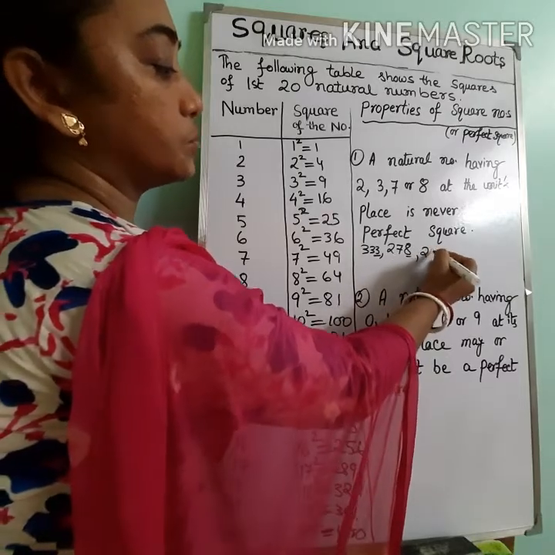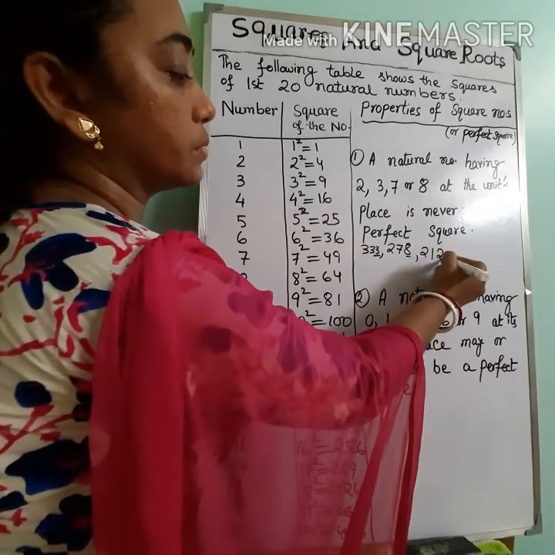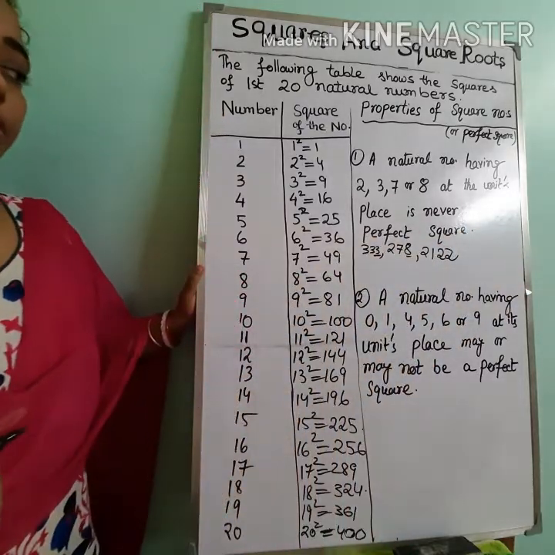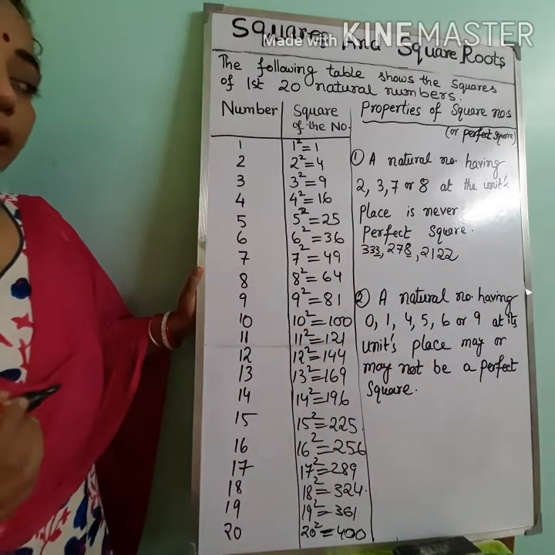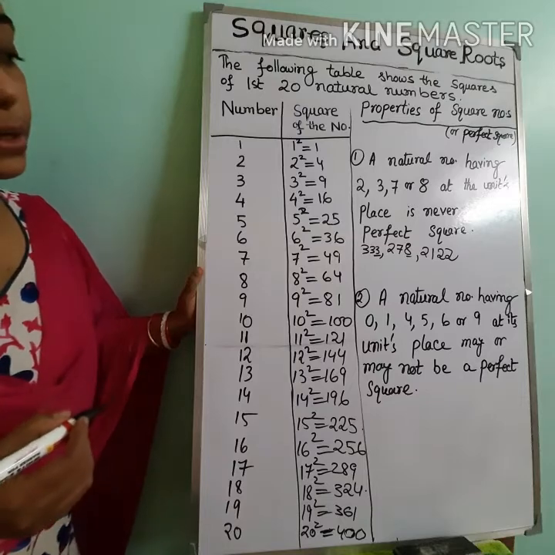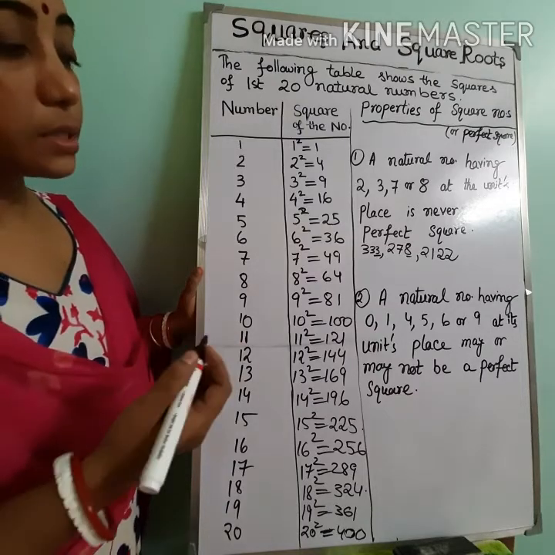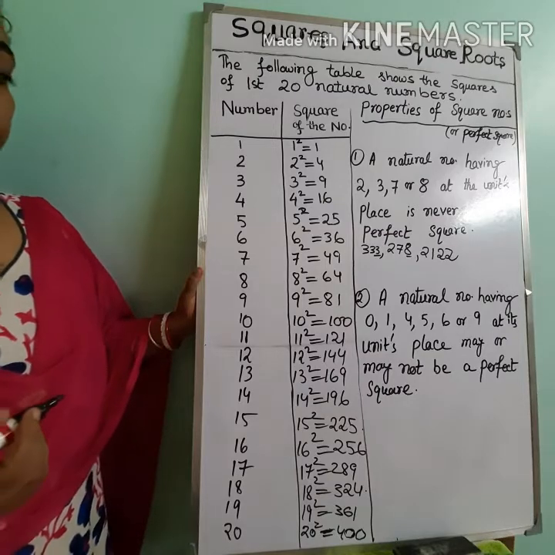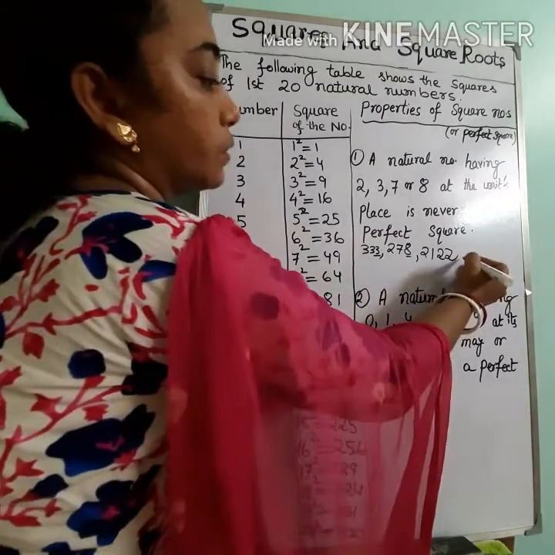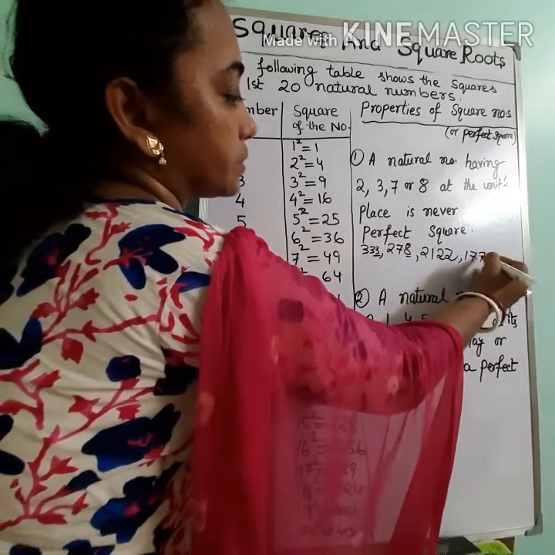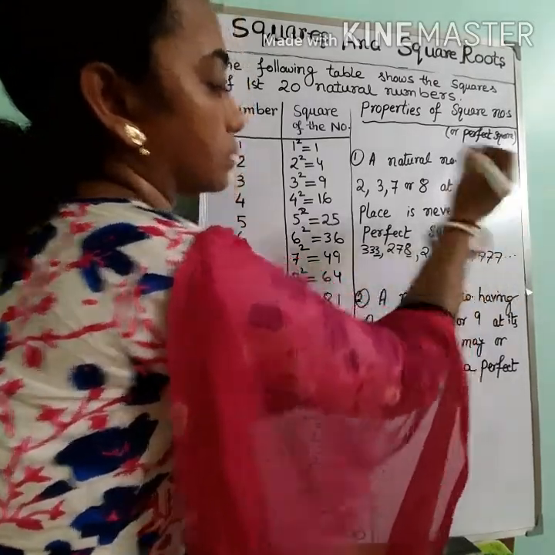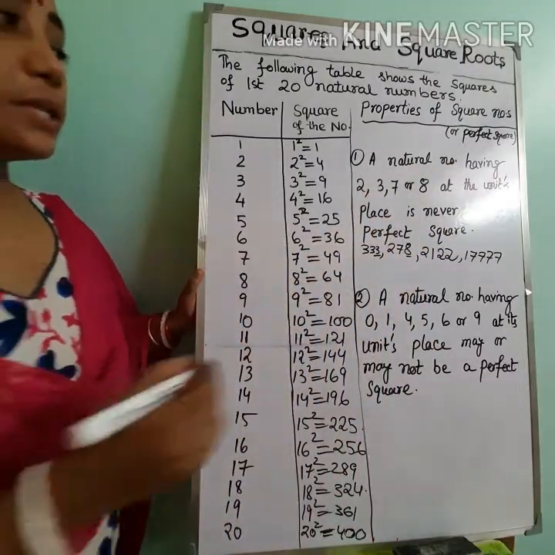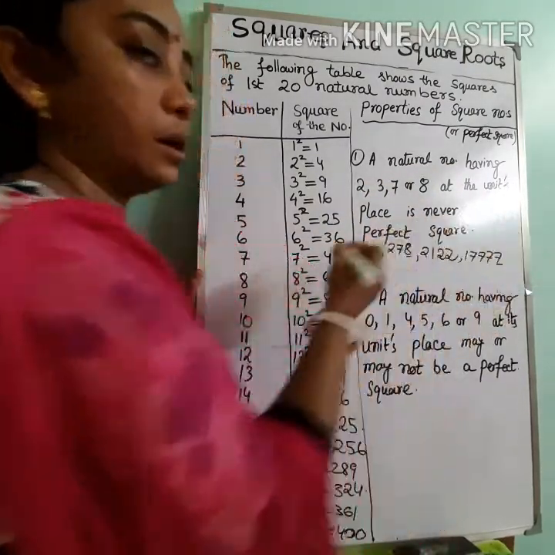Similarly, if I write 212, or any number of digits you write, by seeing the unit place of the number we can say whether it is a perfect square or not. One more example, if I write 17777, the unit place is 7, so it is also not a perfect square.